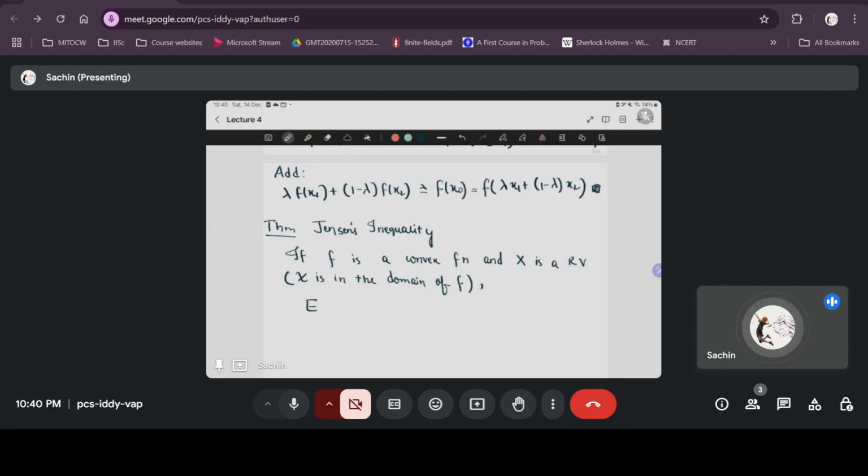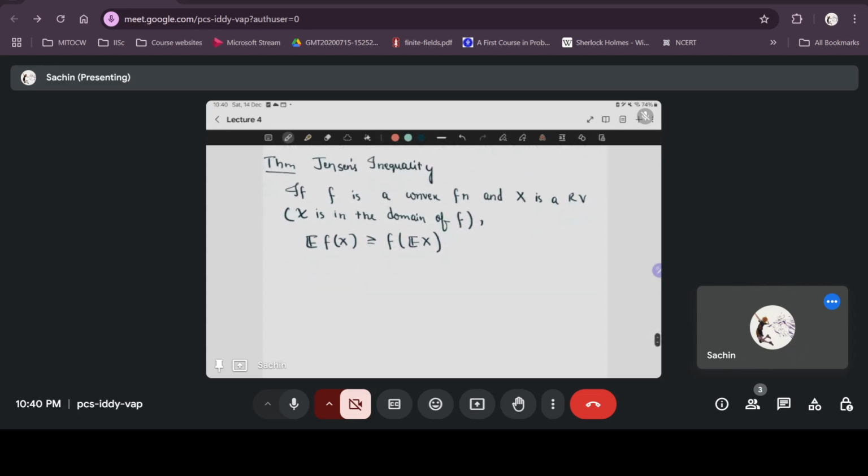Then you can write expected value of f of x is greater than or equal to f of expected value of x. So that's the inequality.